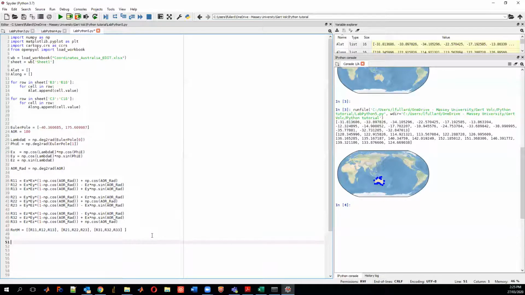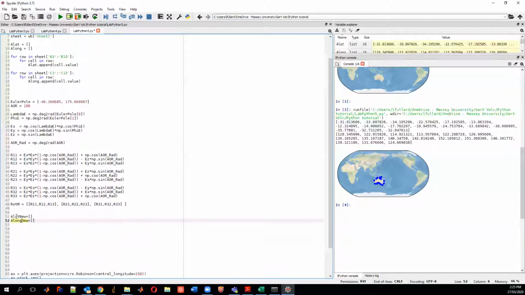And I'm also going to create an empty array for the rotated points. So here I have new latitudes, which is going to represent my rotated points, or my A primes, and longitudes as well.